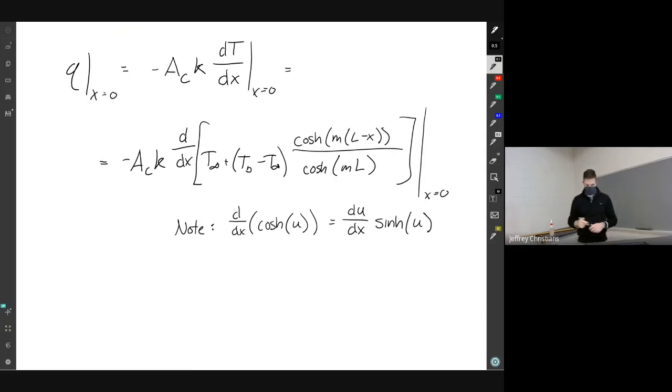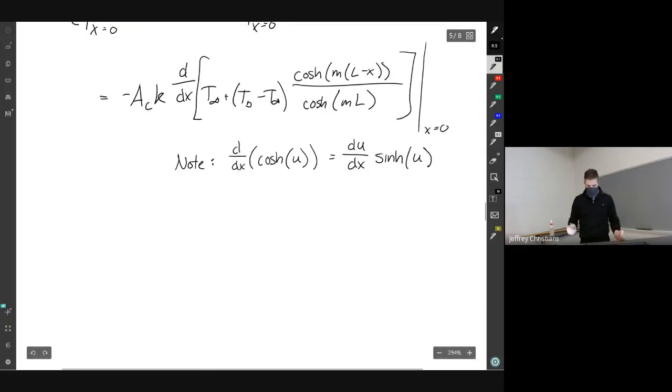Okay, so if we did this, we would get that Q fin, right, because these are the same thing, equals minus A_c k.